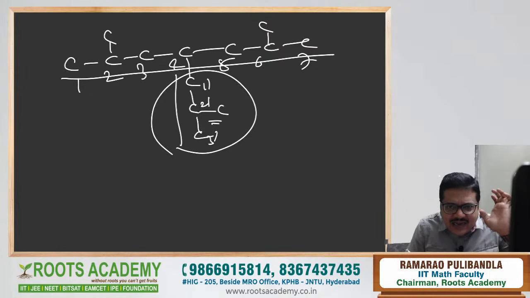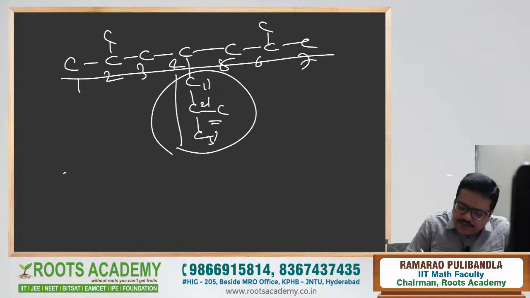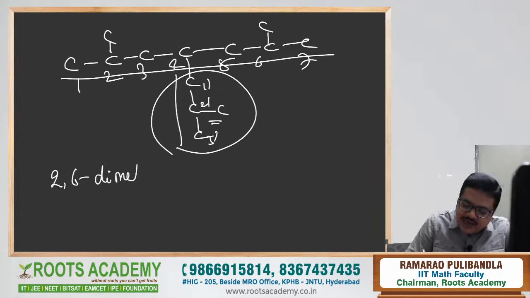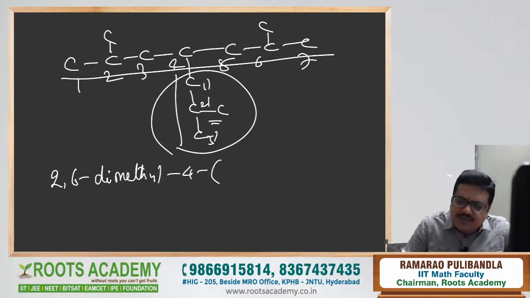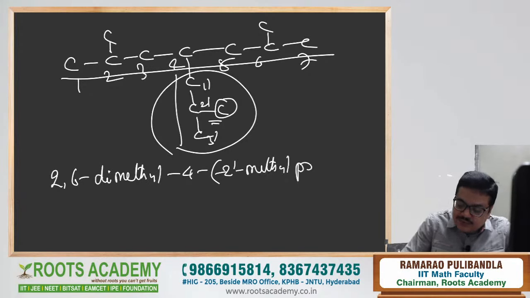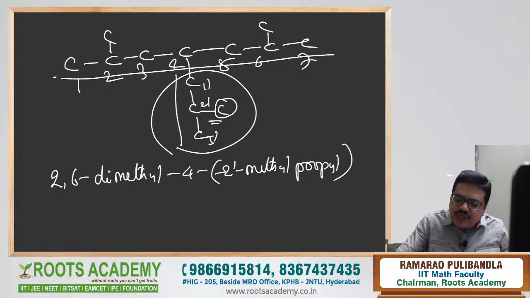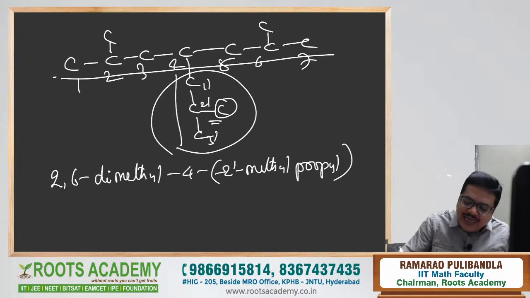First you write 2,6-dimethyl. Now 4, keep the bracket. Now 1 dash, 2-methylpropyl. The long chain is called heptane.